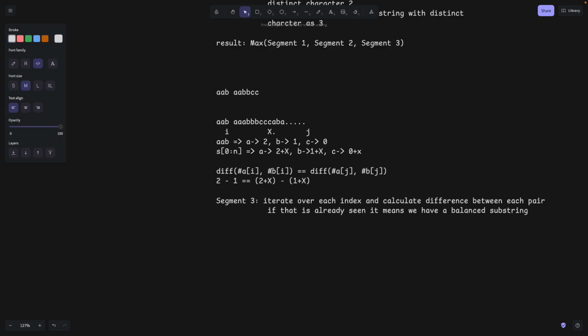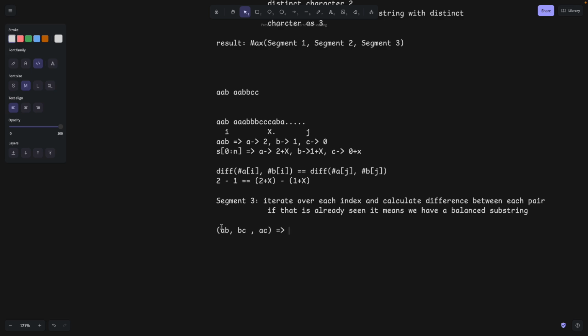This same logic can also be extended for distinct characters when it is 4. So here, when the difference between, let's say, AB, BC, and AC are each the same, it means that this particular tuple, if we have already encountered it before while iterating, means we have a balanced substring, right?